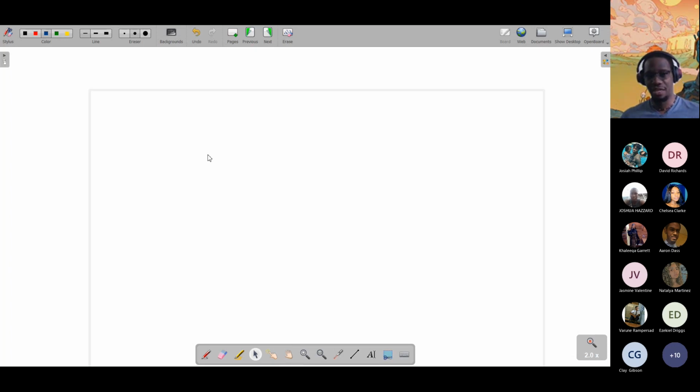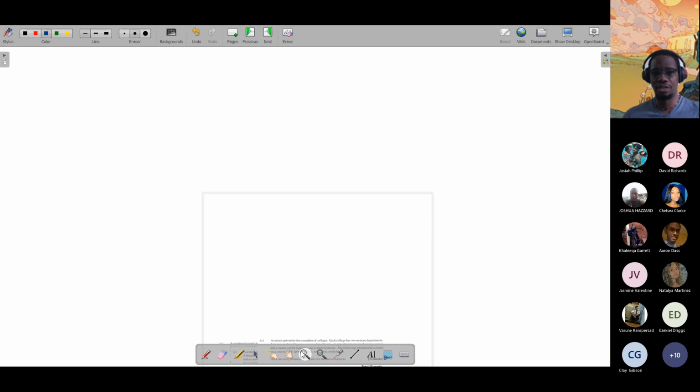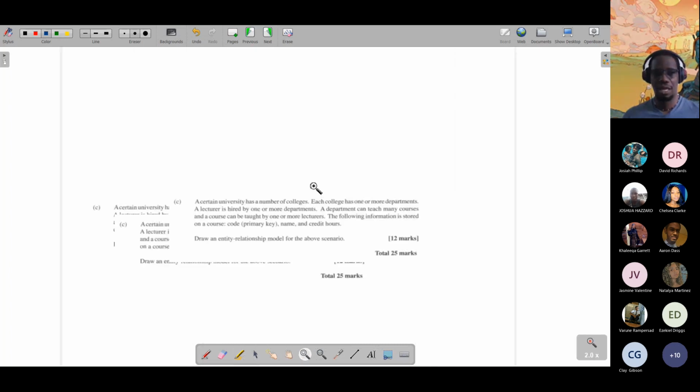We will do that under module 3, but there's no implementation that has to take place in terms of actually building a database.